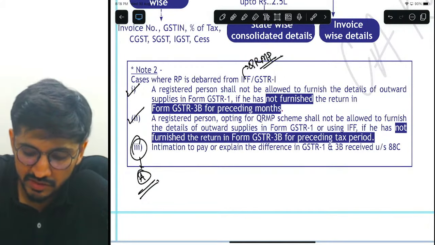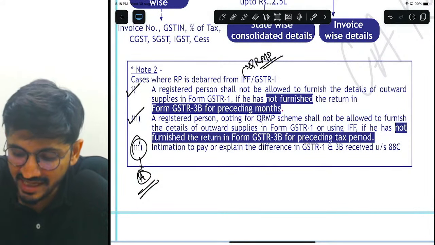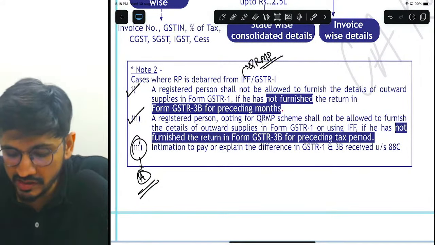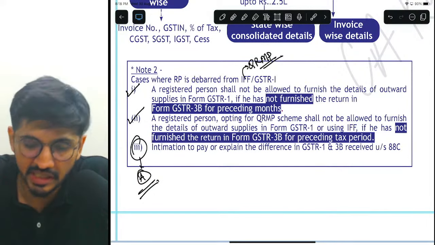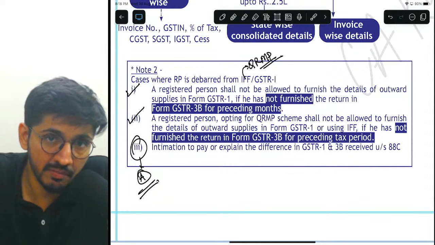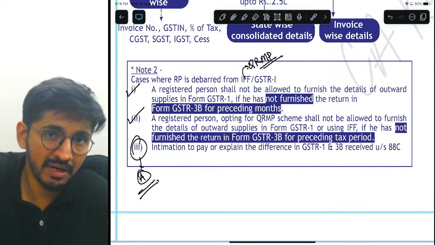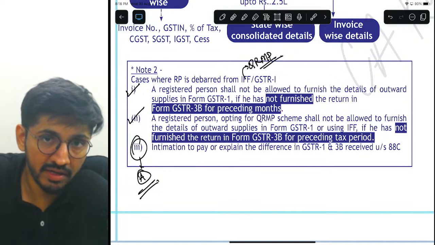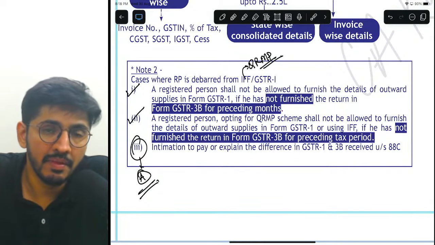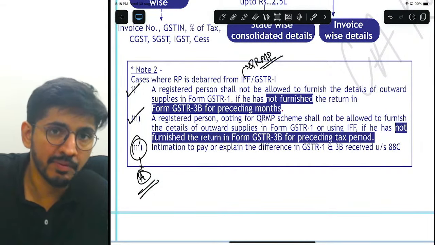Now, a registered person shall not be allowed to furnish the details of outward supplies in GSTR 1 if he has not furnished the return in 3B for the preceding month. Correct? So if you don't file 3B for the preceding month, for example, if you are looking at May, your GSTR 1 will be blocked. You will be debarred from filing details in GSTR 1 if your 3B is not filed for the month of, let's say, April.